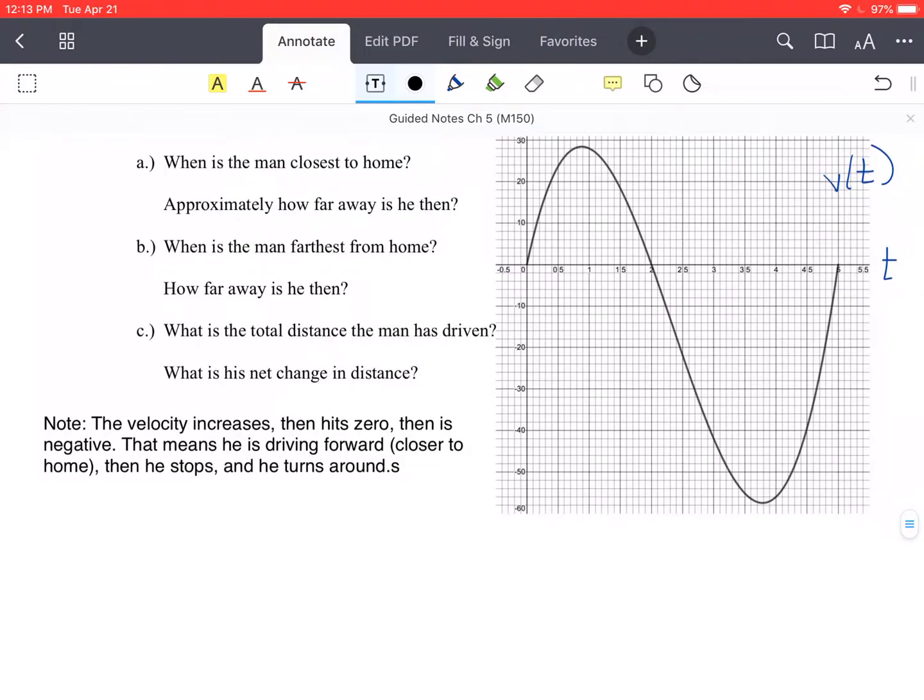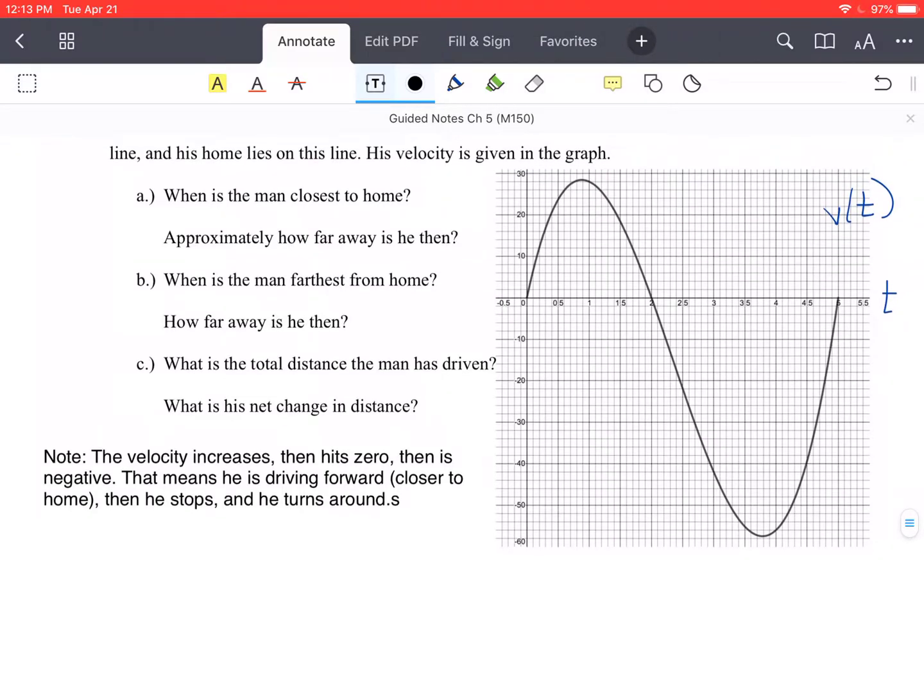Okay, so when is he closest to home? Well, if he started off here at 0 and he's been driving closer and closer to home this whole time, going forward, forward, forward until 2, then he stops and turns around. While he's driving away, he's getting further away from home, so we don't want any of those times.